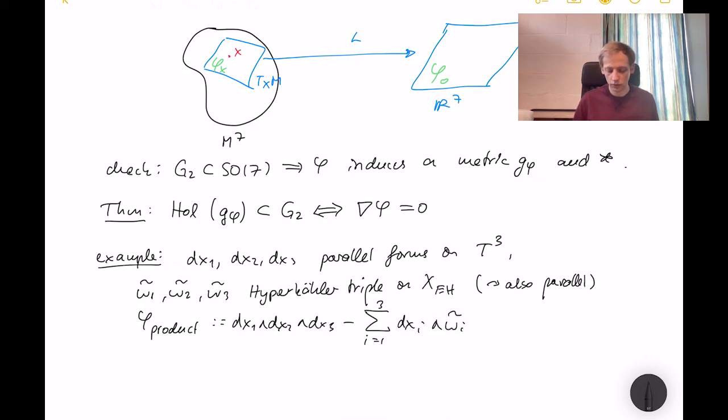So that's a perfectly nice 3 form on T3 times X EH. And exactly because the dxi were parallel and the hyperkähler triple is parallel, you will find that this thing is also parallel, as nabla phi product is 0.